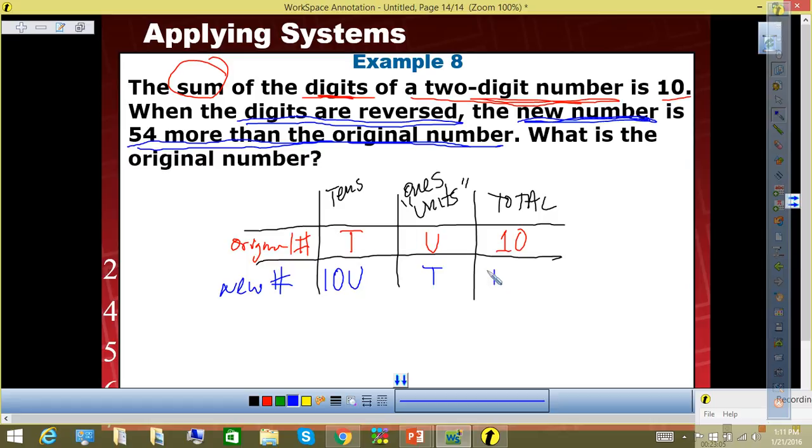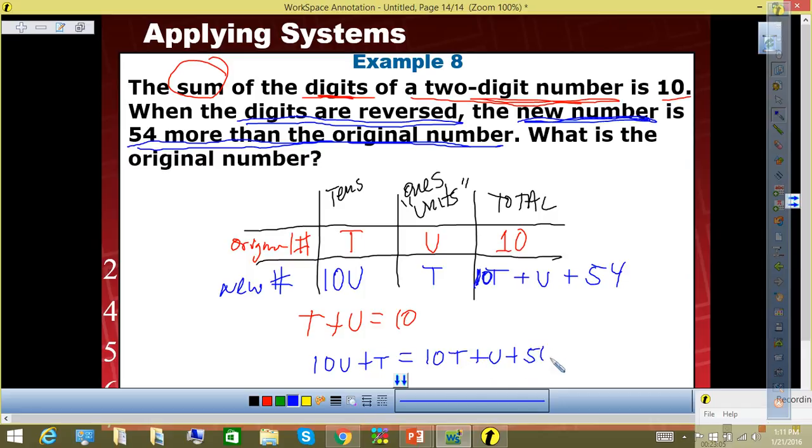So the original was T plus U plus 54, but to make it in the terms that this one has, the 10 here, we're going to put 10 here also, like this. Look at the system now. We got T plus U equals 10, and 10U plus T equals 10T plus U plus 54.